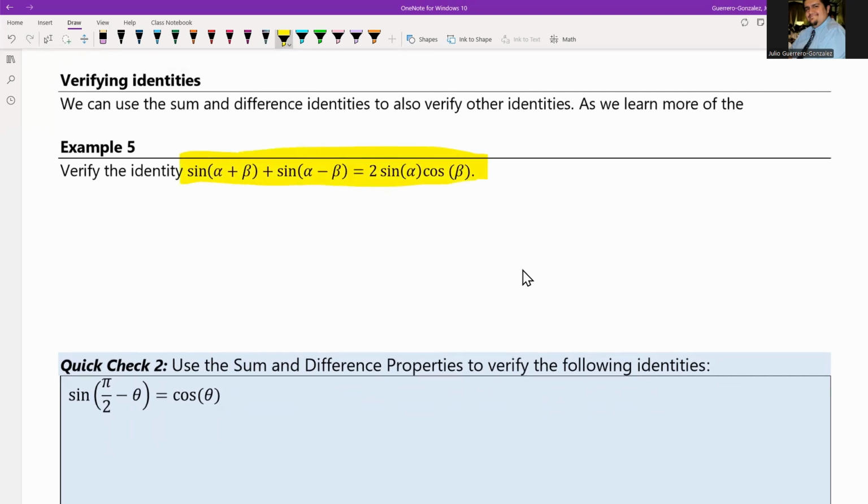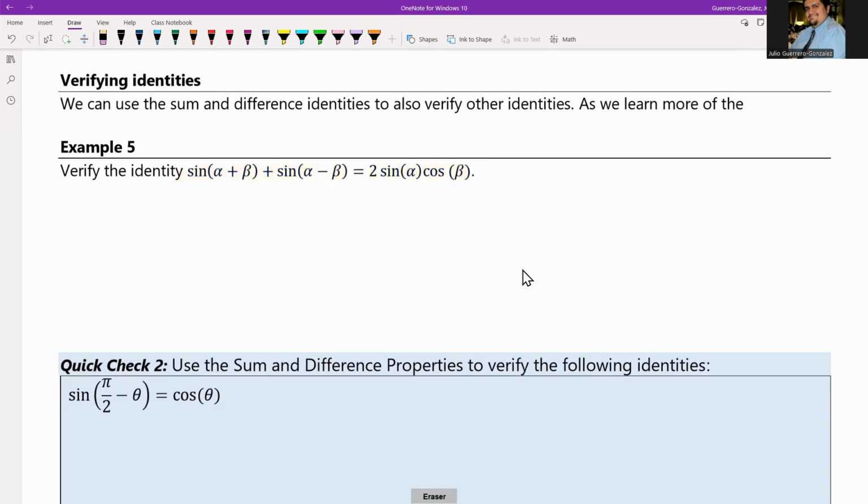I can grab the left-hand side, turn it into the right, grab the right-hand side, turn it into the left, grab both ends and make them into something common, or turn the whole thing into an already known trig identity. Those rules still work.